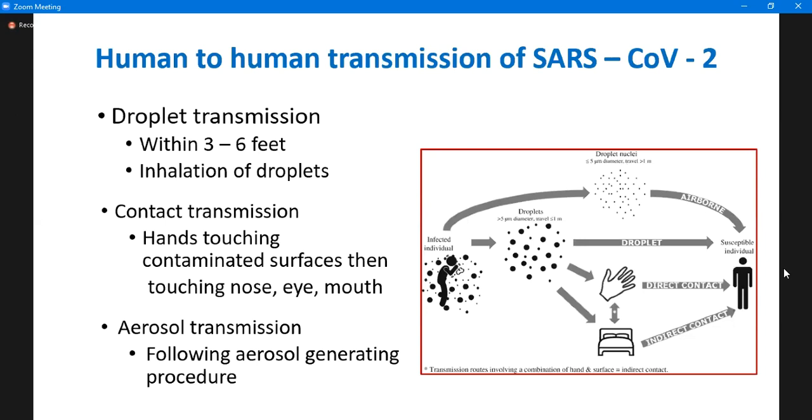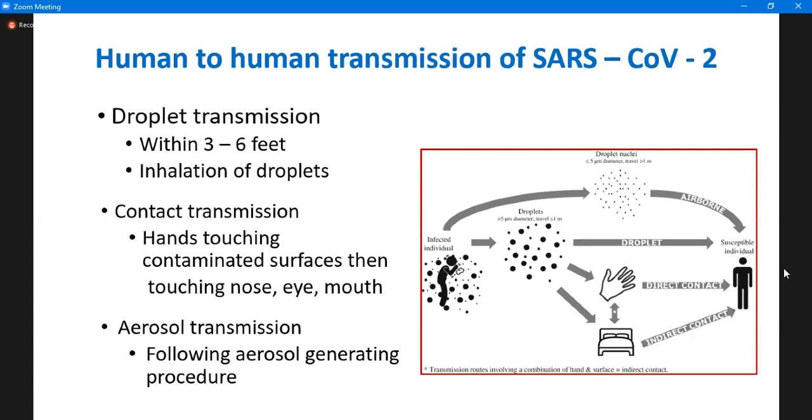In addition to droplet transmission, contact transmission is also important. This is via the hand touching contaminated surfaces, in turn touching the face, especially the nose, eye, and mouth, thus transferring the virus from contaminated surfaces to the nose, eye, or mouth.